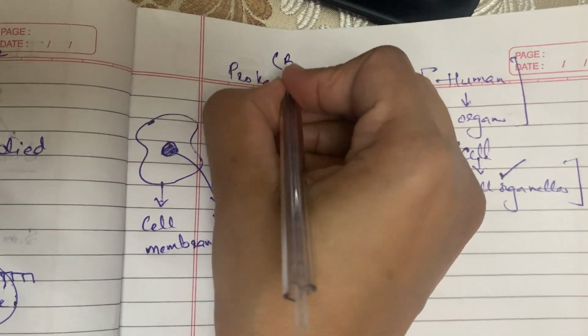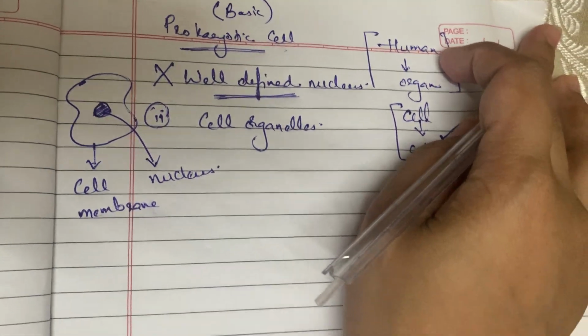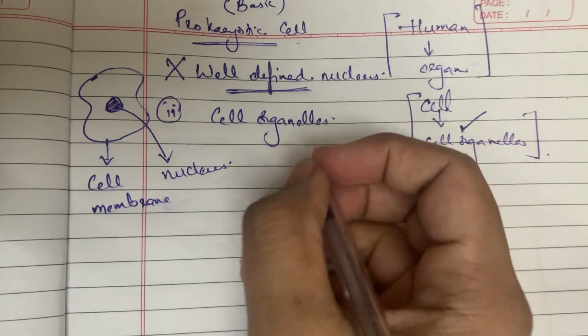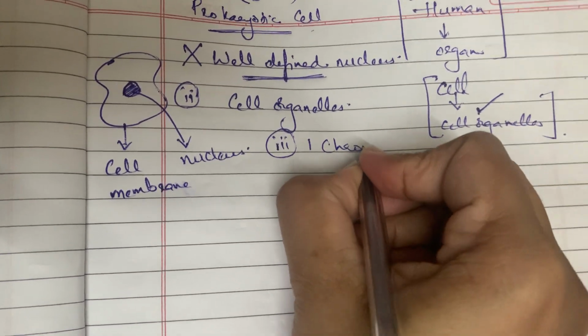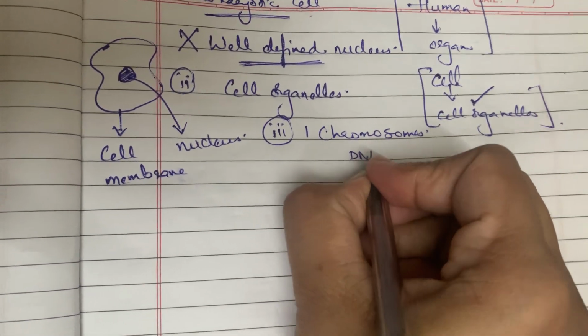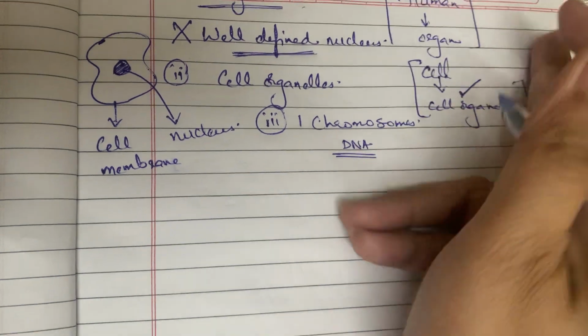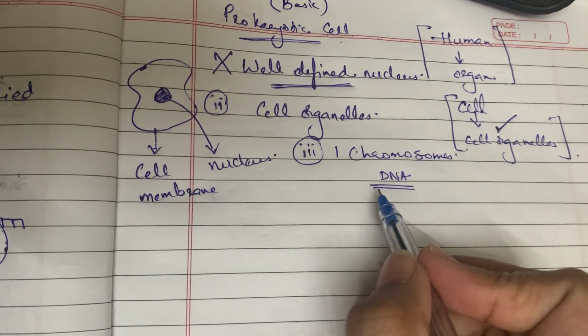These are the basic type of cells, so they do not have cell organelles inside them. The next thing is they have only one chromosome. Chromosomes carry the DNA and are responsible for the growth of the cell. When is the cell going to multiply, and how? All of that is defined by the chromosomes.